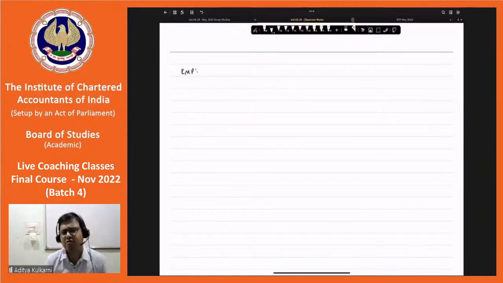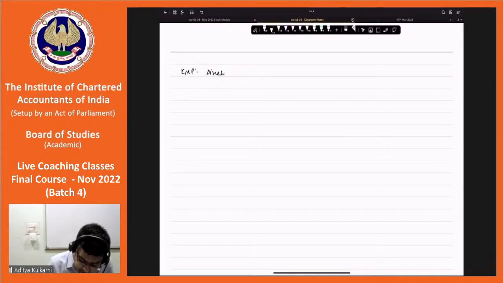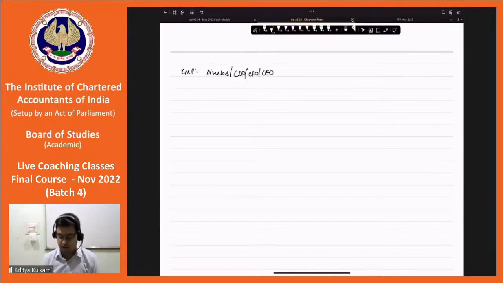If I have to give you examples, it will be directors. It could be chief operation officers, chief financial officers, chief executive officers, chief technology officers. But is it limited to designations? Answer is no.